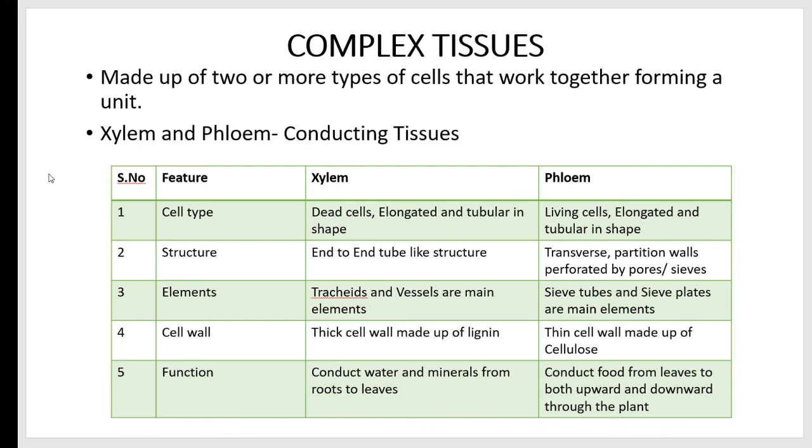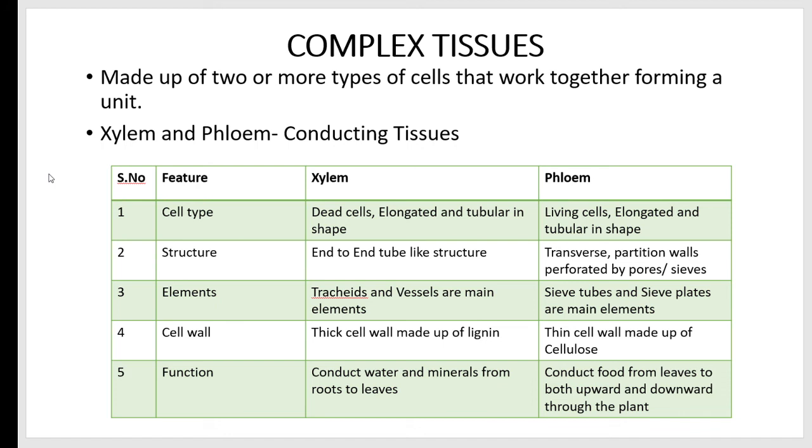Because they are responsible for conducting water and minerals throughout the plants. Xylem carries water and minerals from the root to the leaves, whereas phloem is responsible for conducting food from the leaves to the roots, a two-way flow.